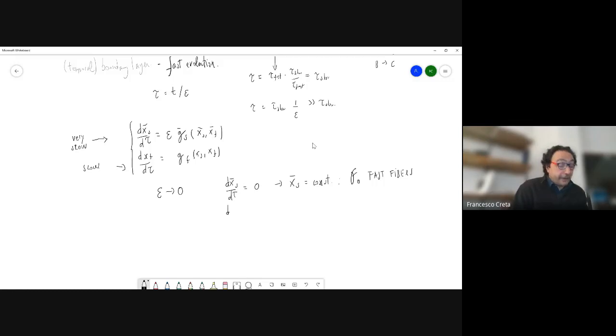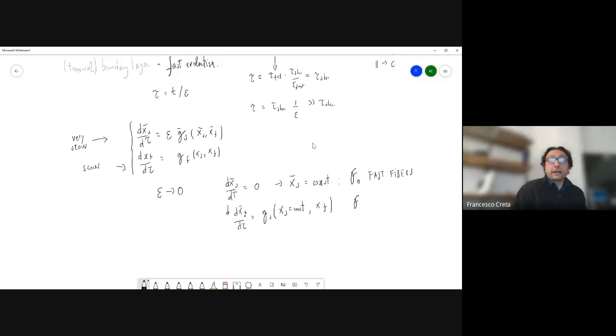And therefore the fast evolution now is constrained on the fast fibers. And so we can write something like g of s, x of s is constant, and x of f.